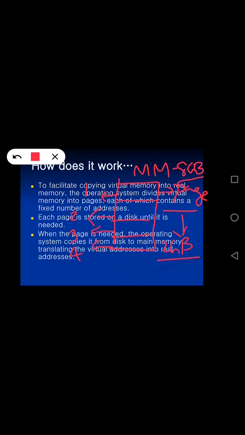When the page is needed, the operating system copies it from the disk to main memory, translating the virtual address into real addresses.